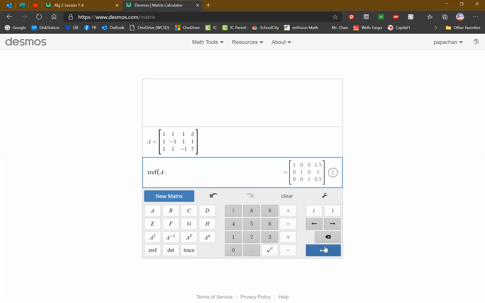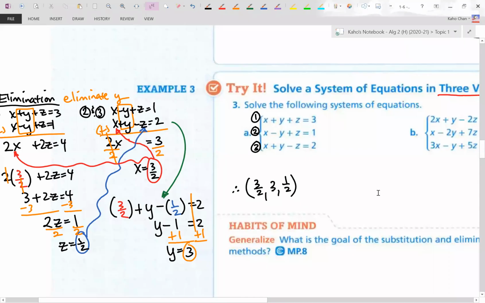And aha! I guess I might have been wrong. The true answer is 3 halves, 1, and 1/2. So I might have made a mistake with one of my answers here. It happens. Let's go back and see where we made a mistake in my notes.